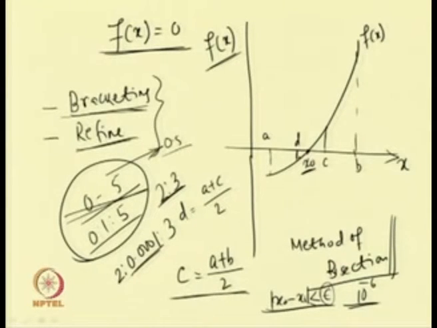Then we can tell that the point converges. In this way we can use the method of bisection to find the characteristic root of this equation.